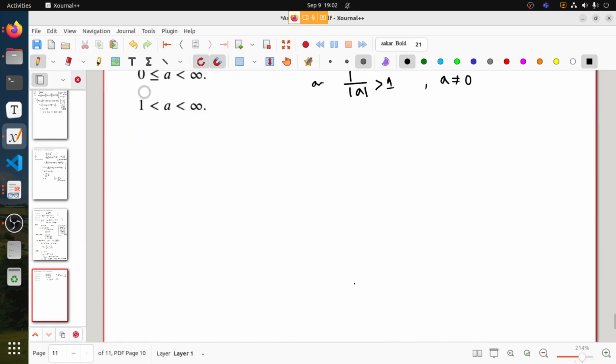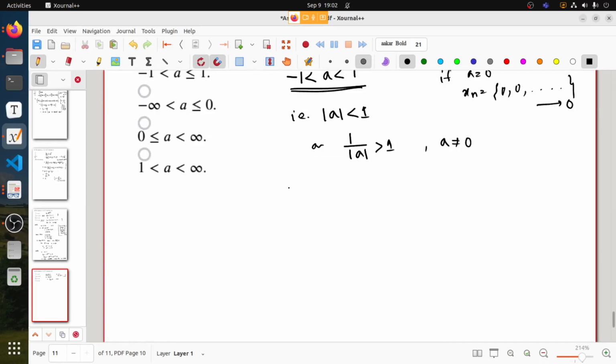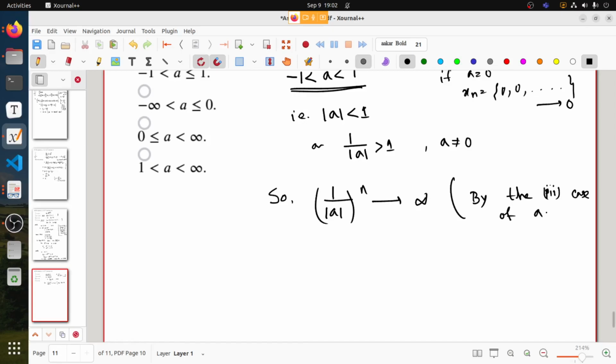As 1 by mod a is greater than 1, applying that case to 1 by mod a, we get that 1 by mod a to the power n diverges, or 1 by mod a to the power n plus 1 also diverges.